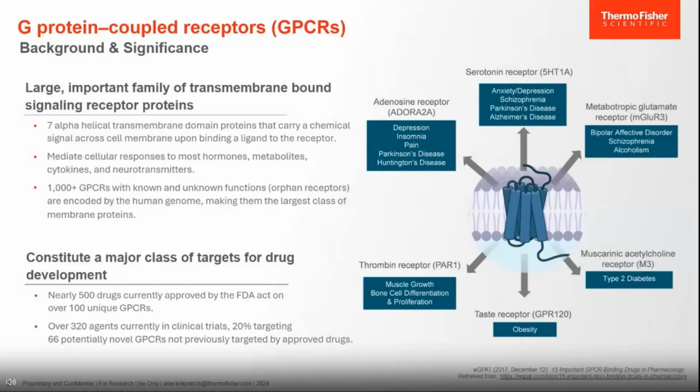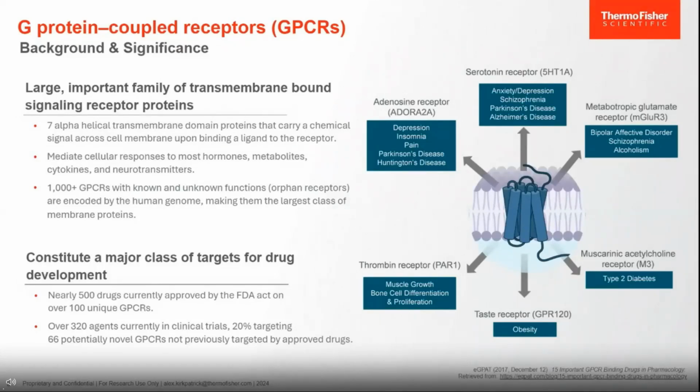So given this central role in signal transduction, it's not surprising that GPCRs are associated with numerous disease processes, including genetic and immune system disorders and cancers. Therefore, we can appreciate why these proteins make popular targets in drug discovery efforts and as potential biomarkers. So much so that currently the FDA has approved nearly 500 drugs, as I said before, and they act on over 100 unique GPCRs. This is impressive.